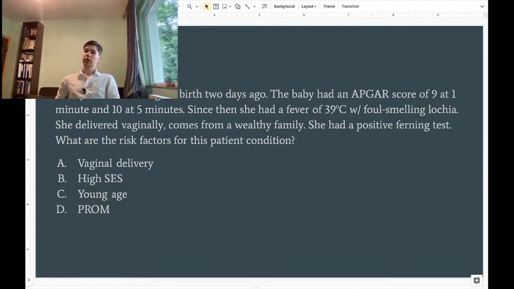She delivered vaginally, comes from a wealthy family, and she has a positive Ferning test. What are the risk factors for this patient's condition? A. Vaginal delivery. B. High socioeconomic status. C. Young age. Or D. Premature rupture of membranes. Please let me know your answer in the chat box.